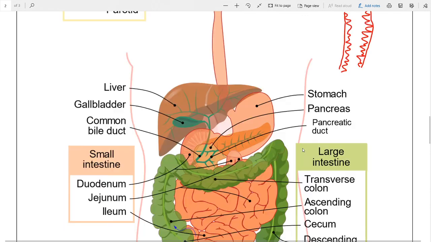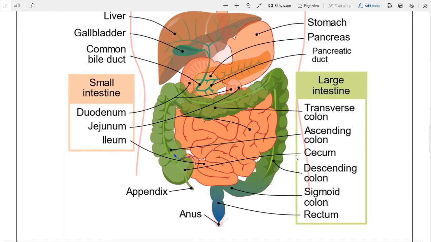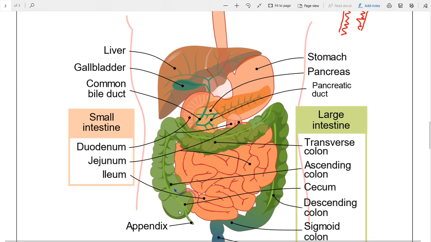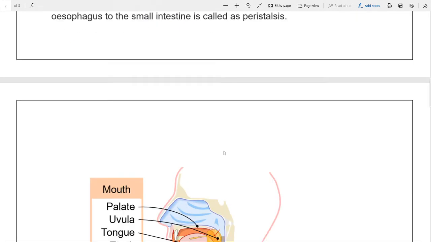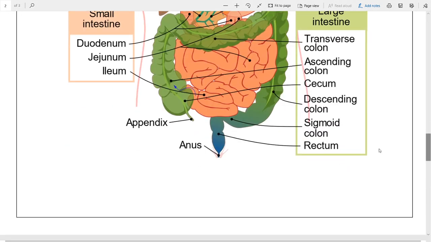And this large intestine has many bacteria like E. coli and many bacteria which are helpful for the digestion process. So this is the home for our helpful healthy bacteria which help in digestion. Last part is the anus. Anus is for the release of waste material.